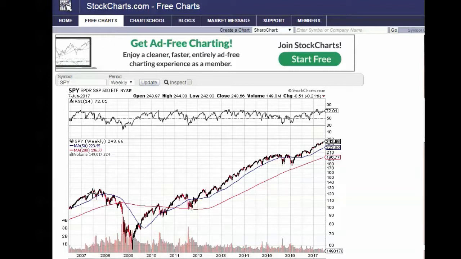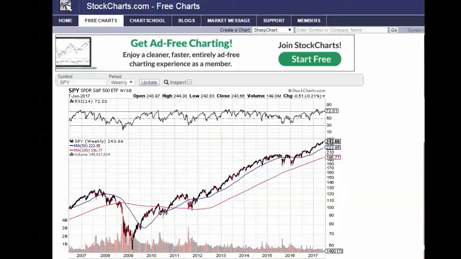So if we look right here, that was 2007 when the market was getting a little bit shaky. And then of course here's that big correction that we had in 2008 that ended in March of 2009. You'll notice that dramatic move off the bottom, and that's what the market does when it gets ready to turn around. It had that sharp bounce back, and it's really been going up ever since.